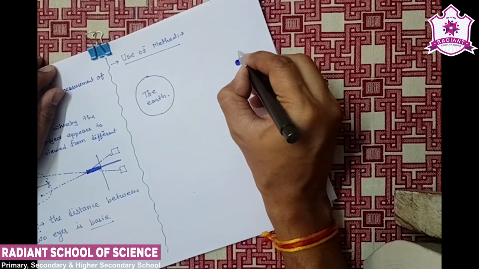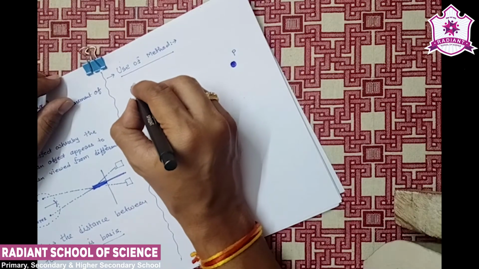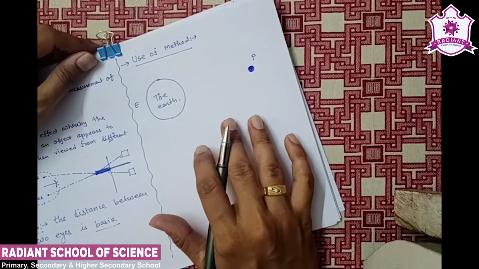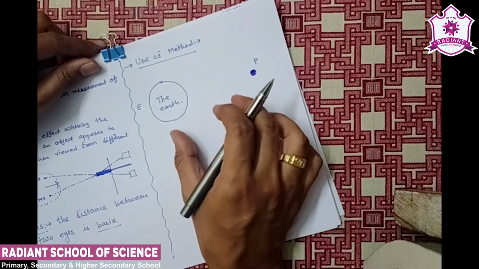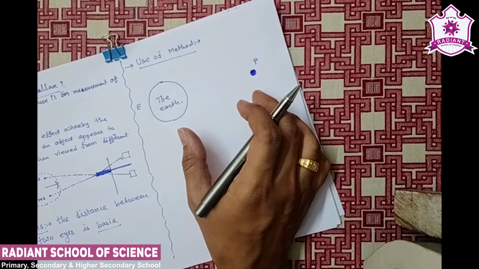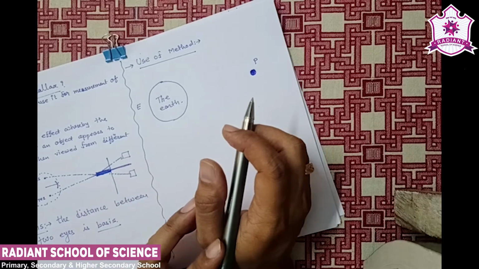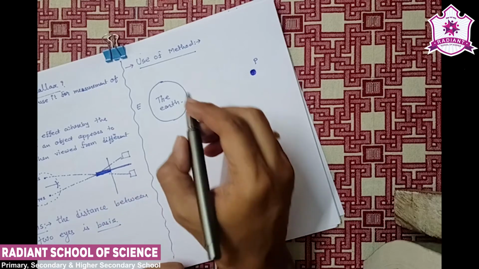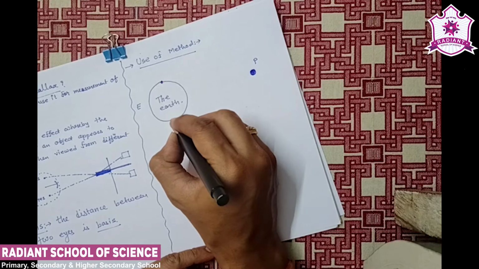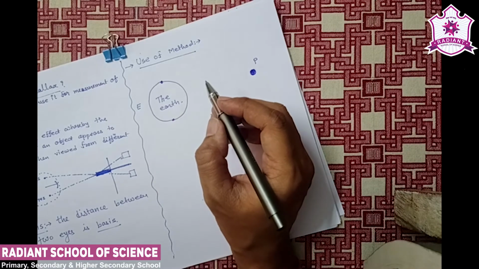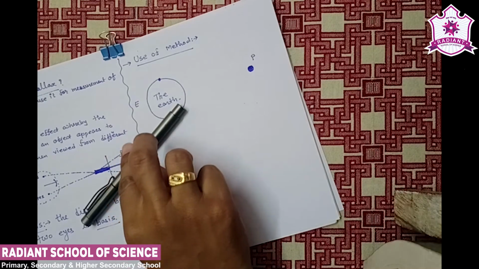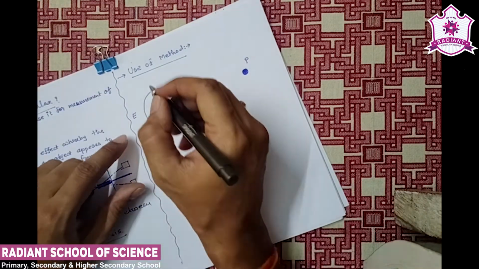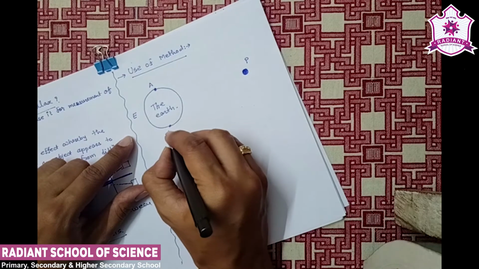Say this is planet P and this is our Earth E. Now we want to measure the distance between Earth and the planet. Now as we know that this is not very well known, so what we do, we take 2 end points on Earth. Say this is point A and this is point B.